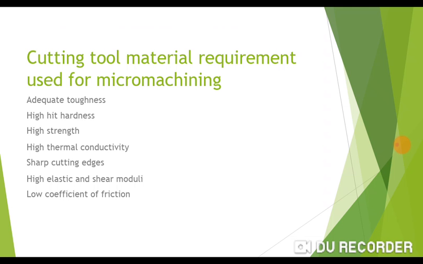The cutting tool material must satisfy some requirements. The first is toughness. Adequate toughness is always important. Toughness deals with how much the material can absorb shock loads so that it can reduce the chances of chipping and breakage.